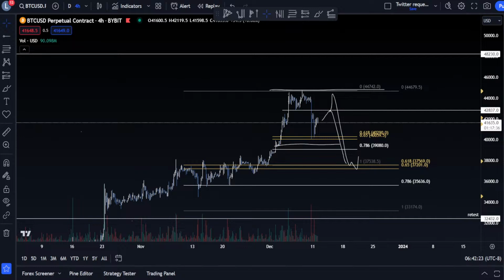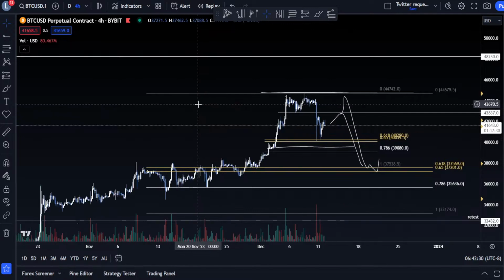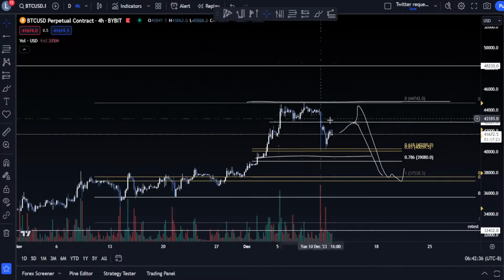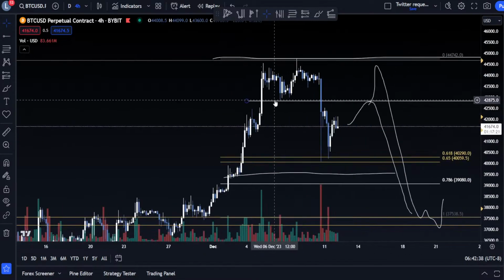All right, I'll take a couple more altcoin requests here. I'll probably sit for another 30 minutes on live stream. Mostly focus on Bitcoin order flow here.